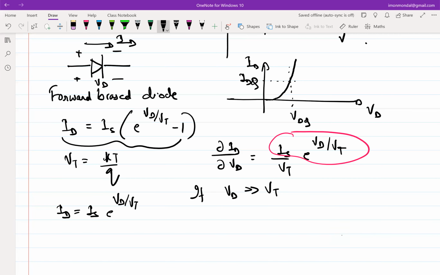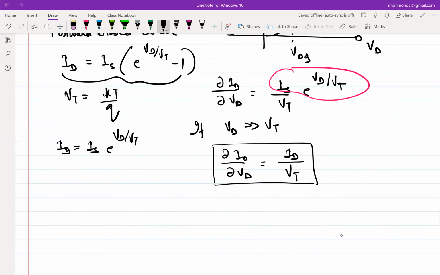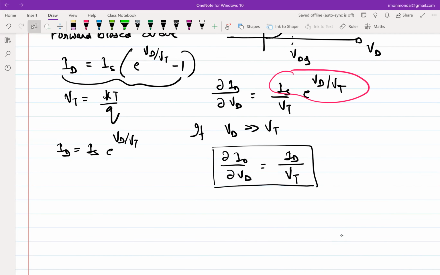Hence your dou ID over dou VD becomes ID over VT, which essentially means that if I have a forward bias diode, its incremental equivalent will also be a resistor of value VT upon ID. Note, it's not VD over ID, it's VT, the thermal voltage, over the quiescent diode current that was flowing through it.